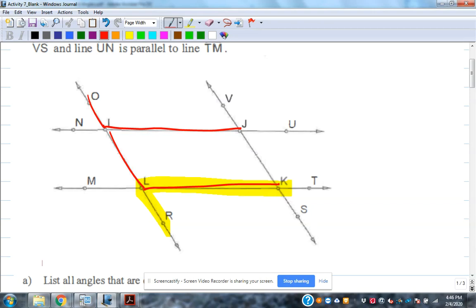So what's also corresponding to MLR? MLR and VJQ are not corresponding. NIL would be the corresponding one to that.